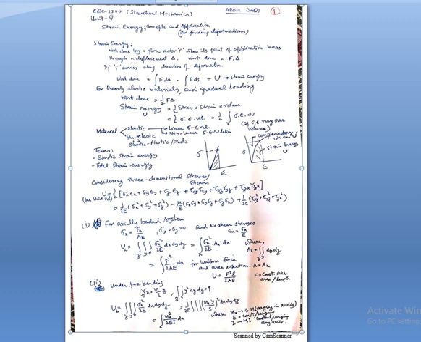Similarly, in the pure bending case, when only a moment is acting on the material, it will also cause direct stress, and the stress will be from the formula of simple bending theory, M upon I is equal to sigma x over y. So sigma x will be M upon I into y.